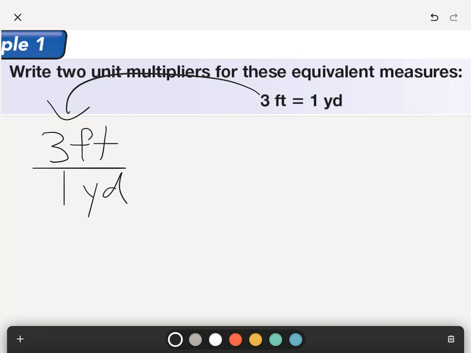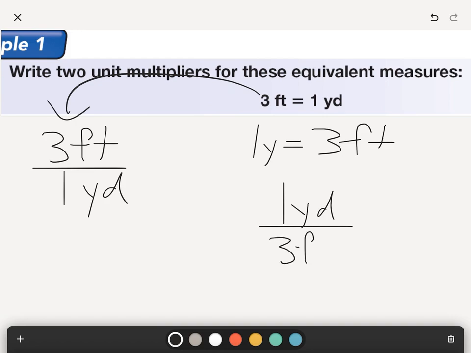Now, if I was converting from yards to feet, I would want to flip them. So basically, if I wanted to express this in the same way, which is a slightly different type of conversion, so 1 yard equals 3 feet, then I would say that like this, right?